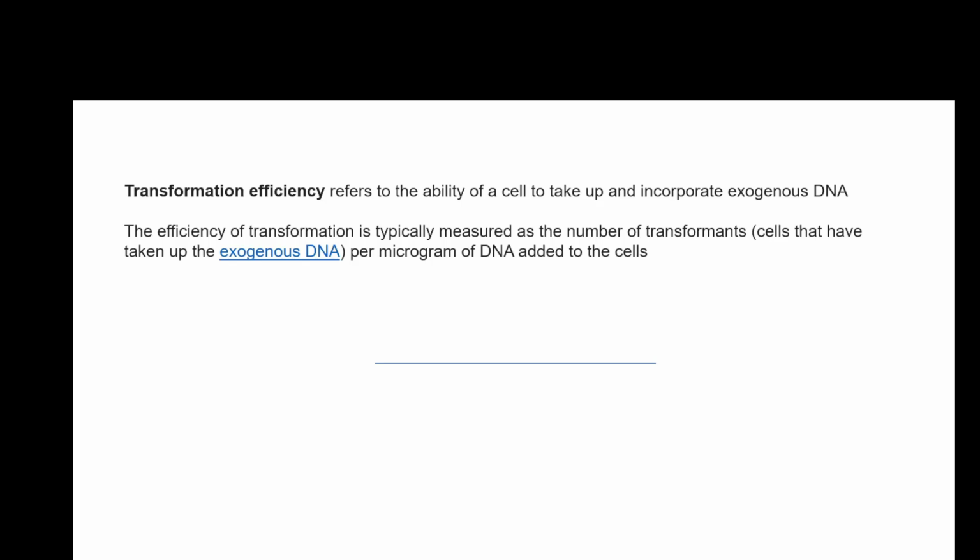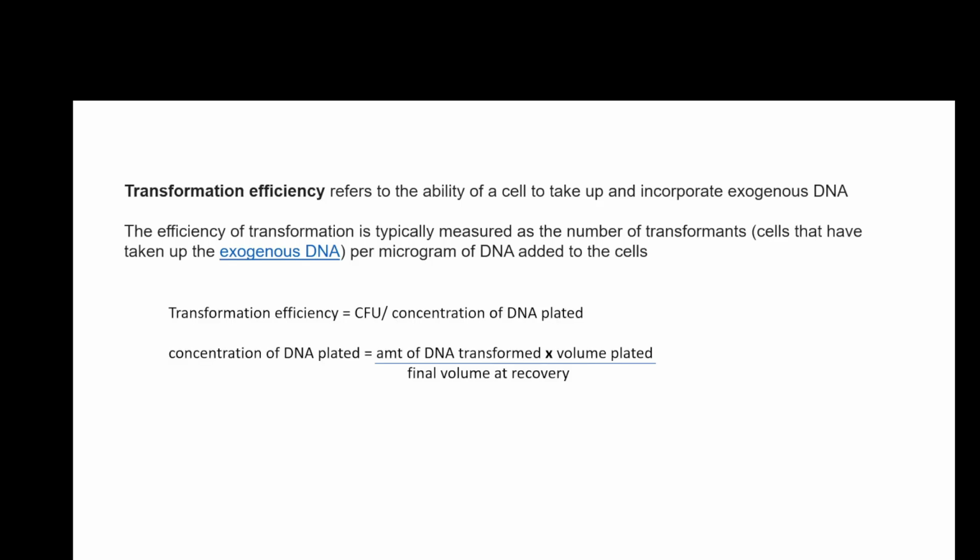The efficiency is measured as the number of transformants per microgram of DNA added to the cell. So transformation efficiency is CFU upon the concentration of DNA plated. You need to know how much you have plated. Maybe you added some amount initially to transform, but what you are actually plating, that you need to know.